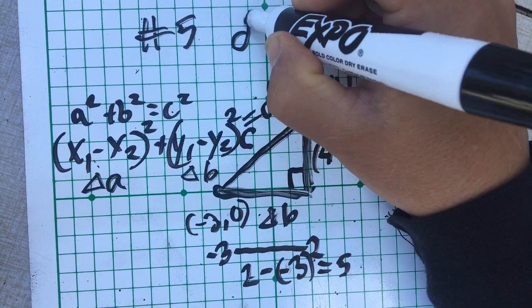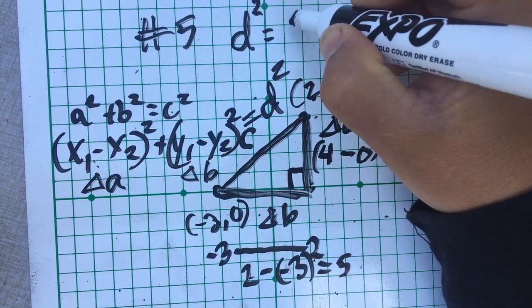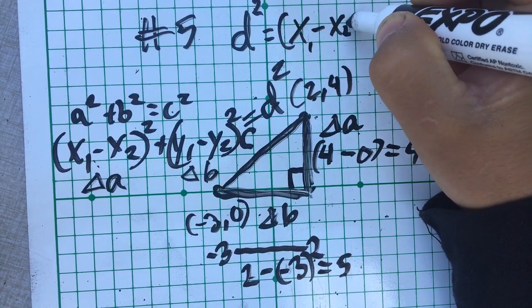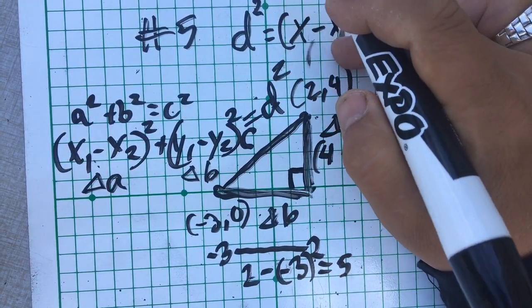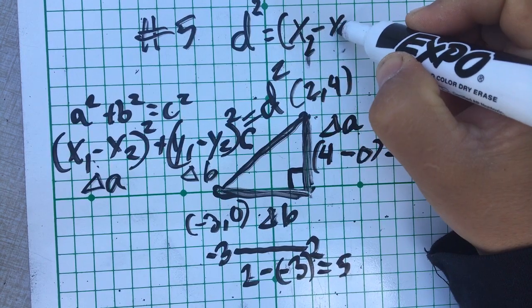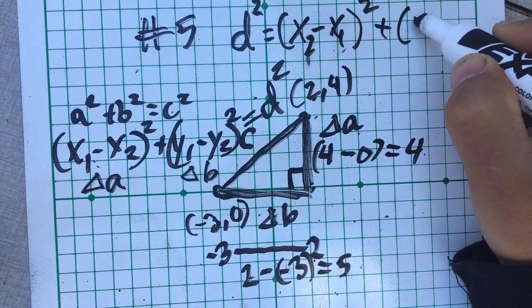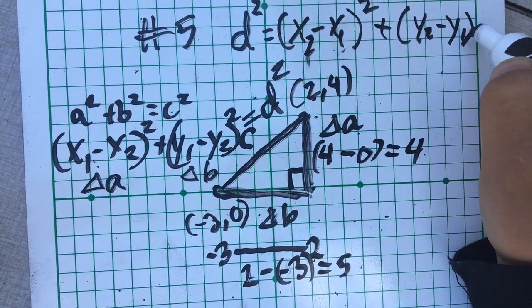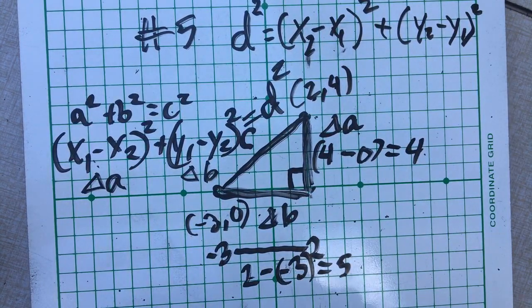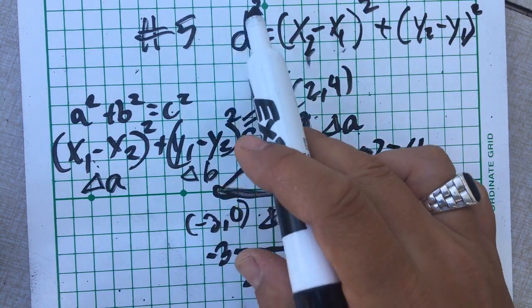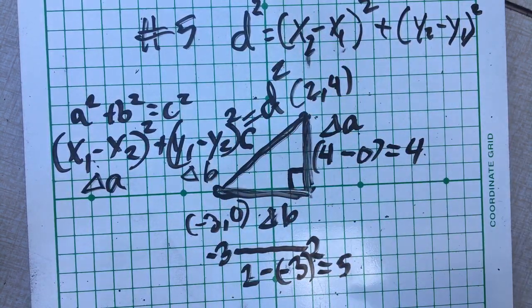Again, the distance formula squared is equal to the change of x1 minus x2. No, excuse me, always do that backwards. Aren't I doing it backwards? 1 squared plus y2 minus y1 squared. And again, this is the exact same thing as a squared plus b squared equals c squared, but the letters now look different.